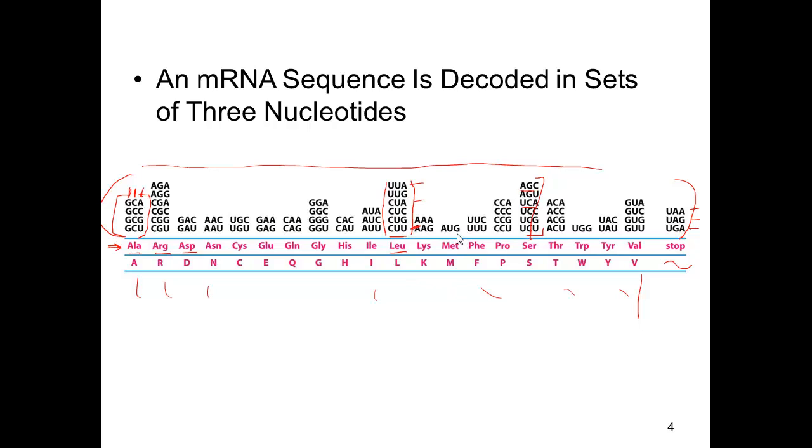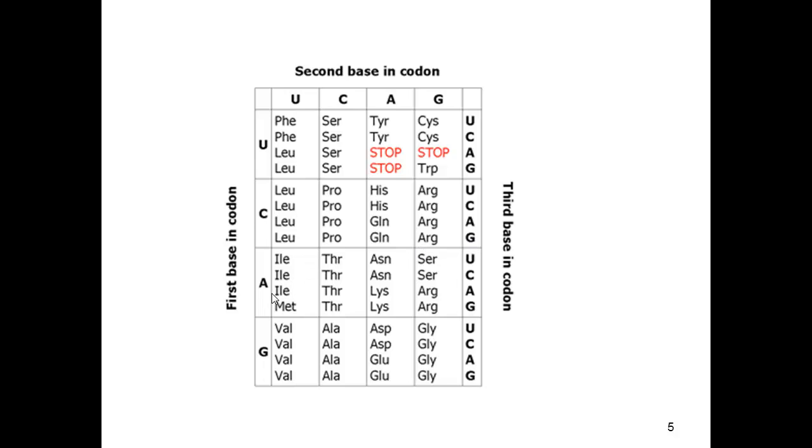Let's focus in on the one way to make methionine, which is AUG. So here we see the first base in the codon, that is A. That indicates that the position is somewhere in here. U is the second base, so that means it is somewhere in this column.